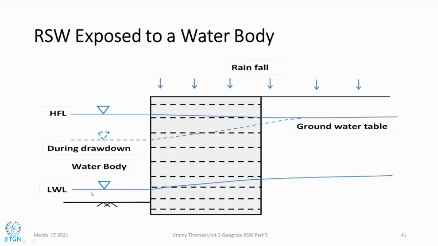But during the rainy season, the groundwater will rise, and when a flood comes, the water level could be much higher, and water could be flowing from the river into the ground. Here we have to take many additional precautions.